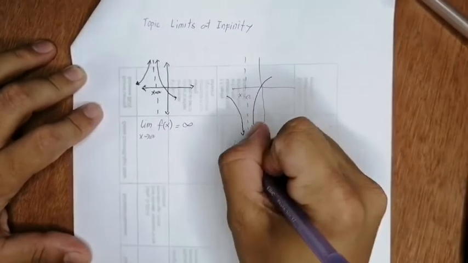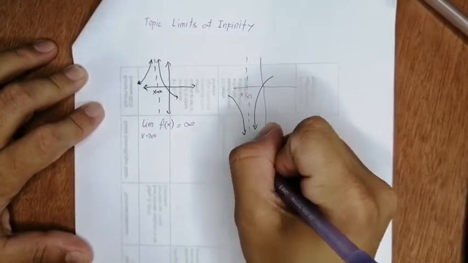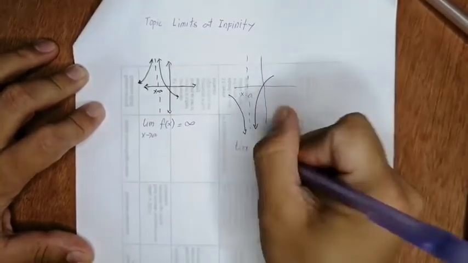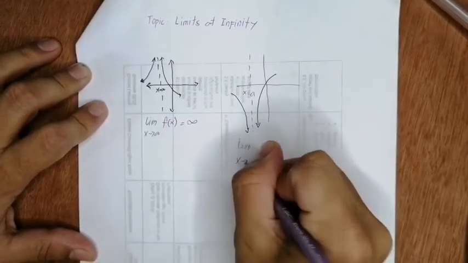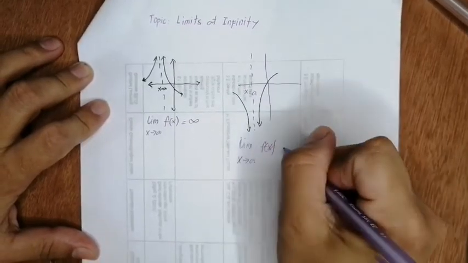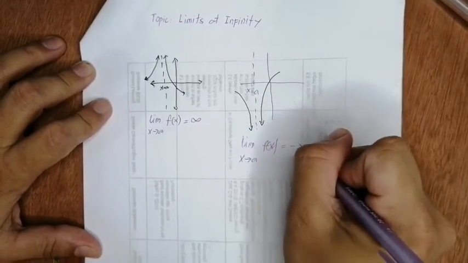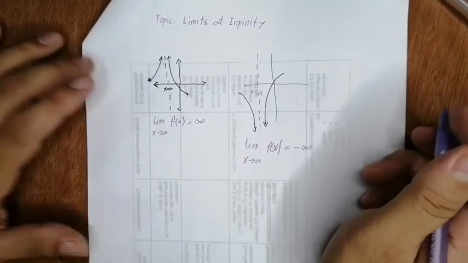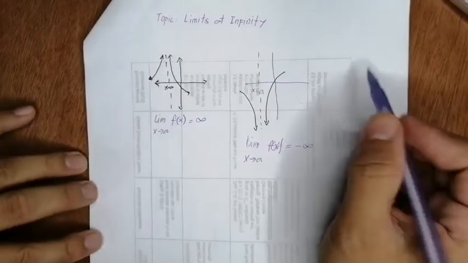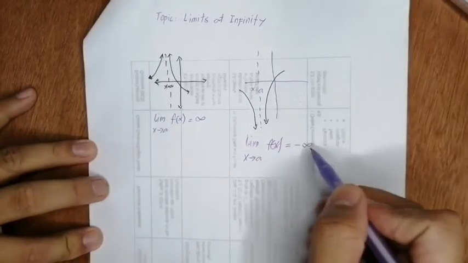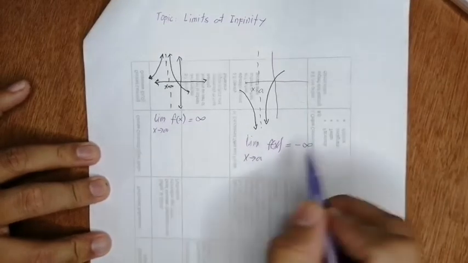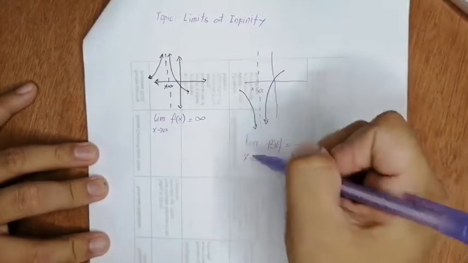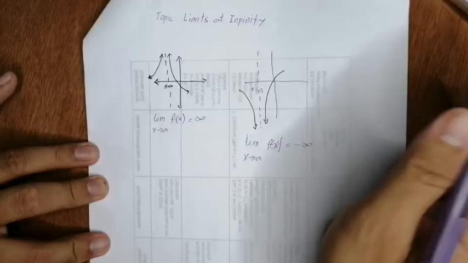So in this case, we can say that the limit of f of x as x approaches a is equal to negative infinity. So actually, hindi yan limit, directional lang naman kasi siya. Kumbaga direction lang naman yung tinitingnan natin dito. The limit does not exist.